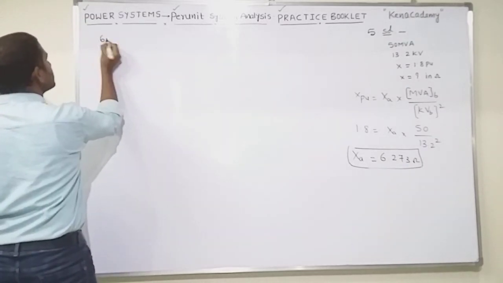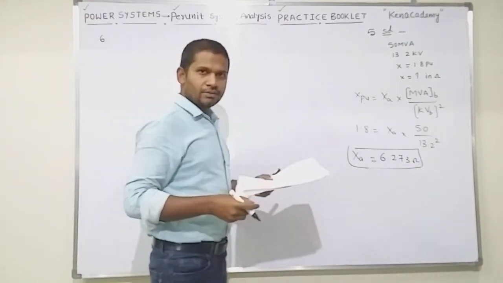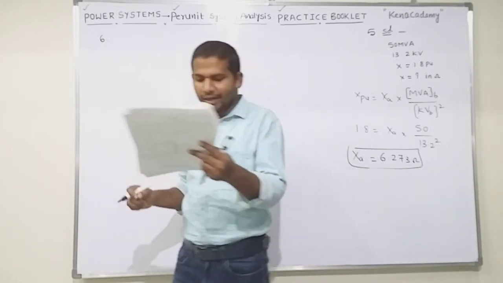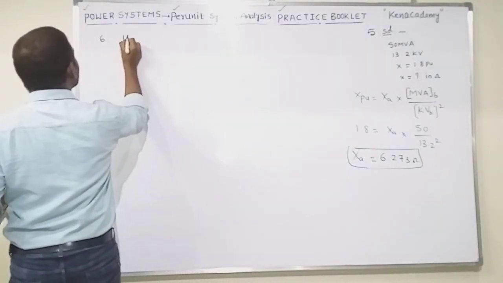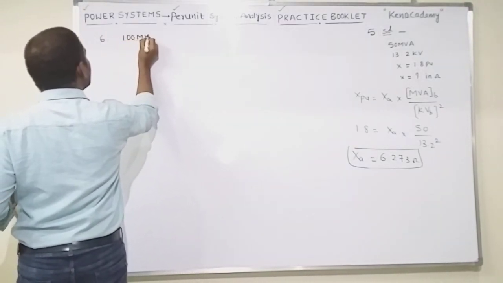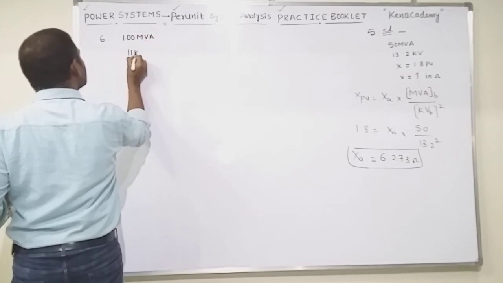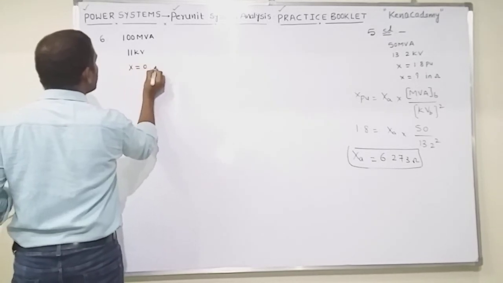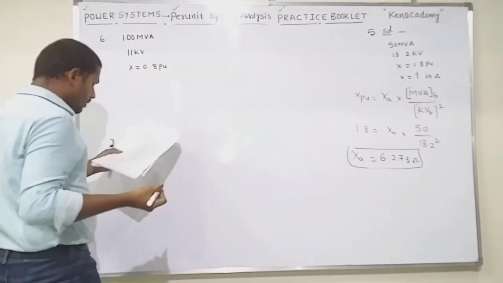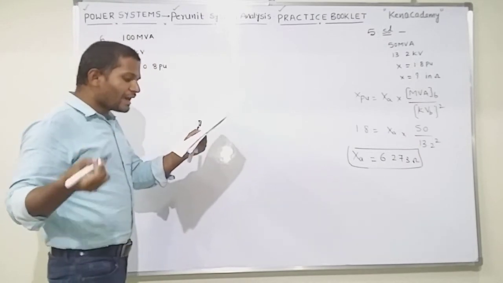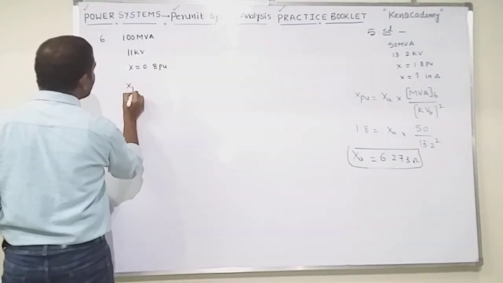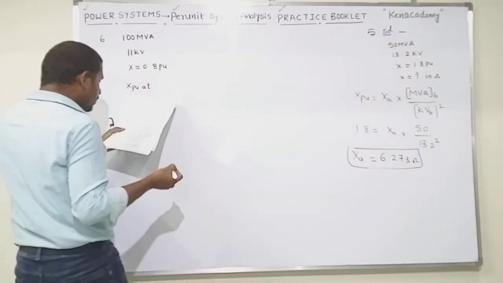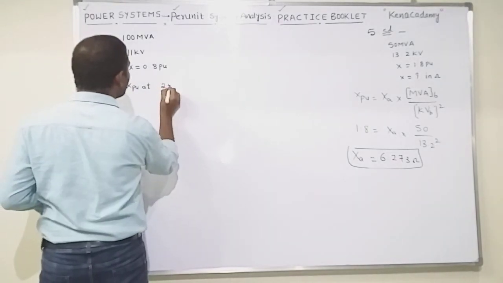This is question number 6. I am giving the solution. First, I am reading the question. Follow that. A 100 MVA, 11 kV synchronous generator. Given rating is 100 MVA, 11 kV. Synchronous generator whose reactance is X equal to 0.8 per unit.